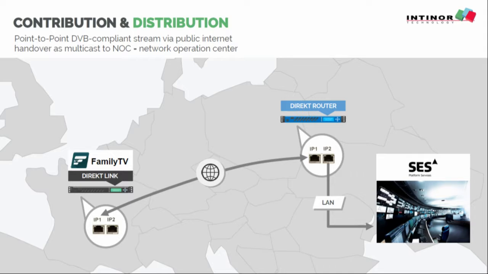On IP2, that's my second Ethernet connector, I can output as a multicast to the local area network, the NOC, Network Operations Center of SES Astra. So unicast coming in, multicast going out. That is even operated redundant.